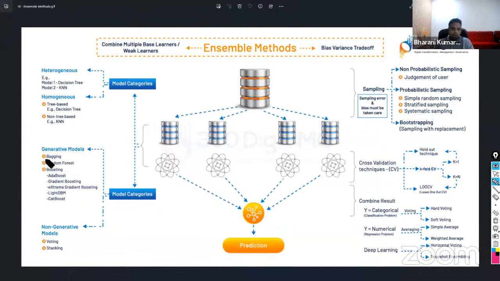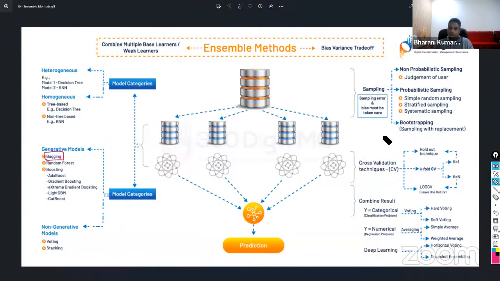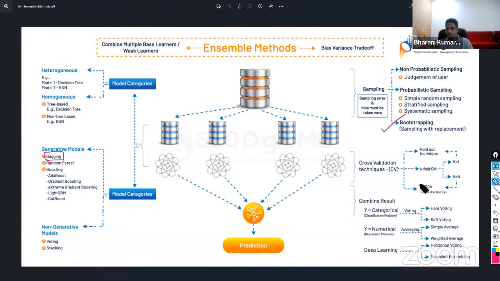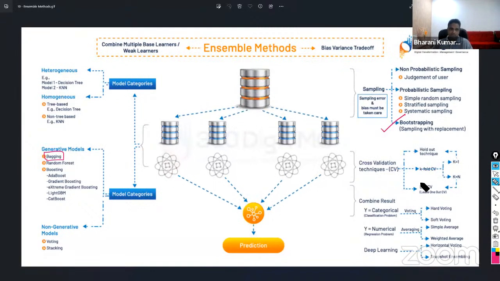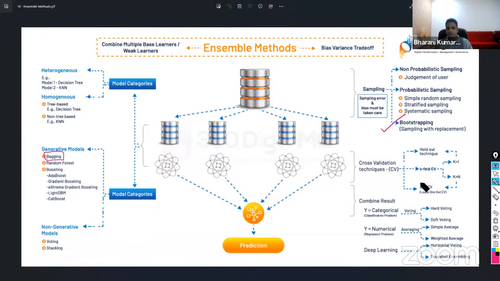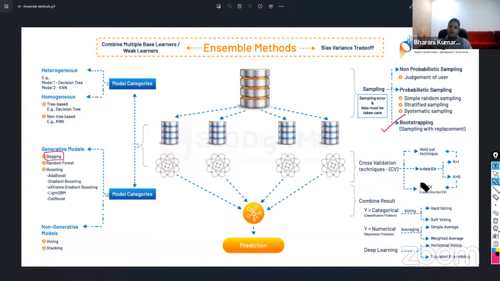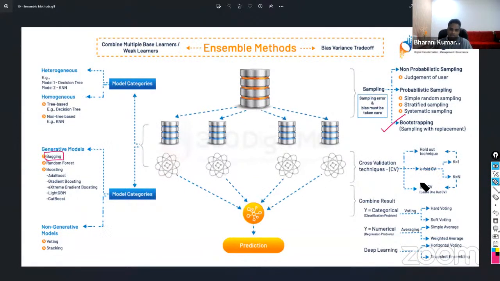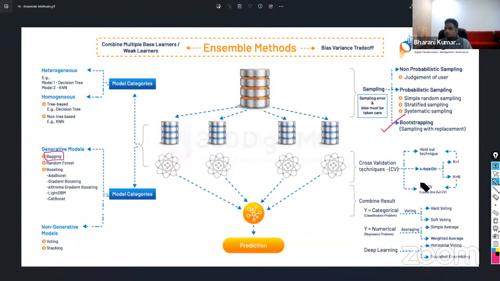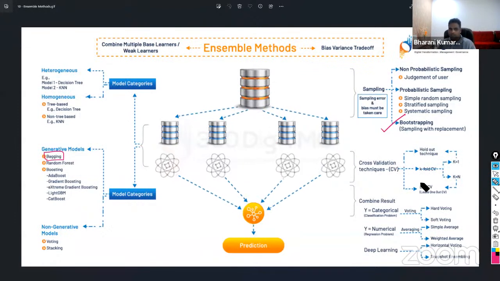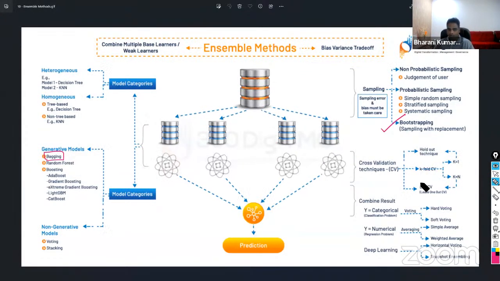But bagging works based on bootstrap sampling, which is sampling with replacement. Even without replacement, it doesn't matter much, because as the number of observations in the underlying data increases, with or without replacement will not have a huge implication on what kind of data you are going to have for training.